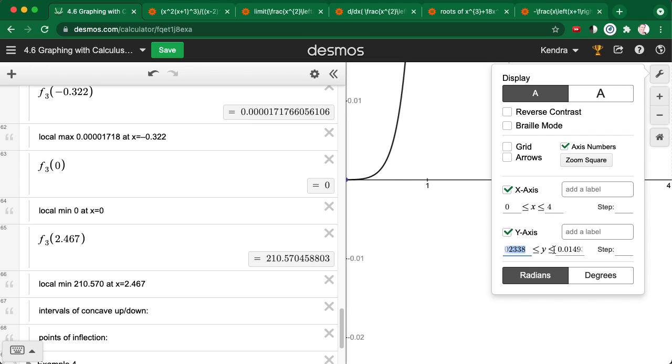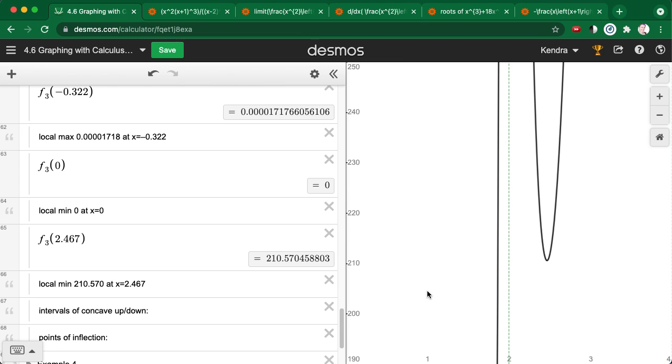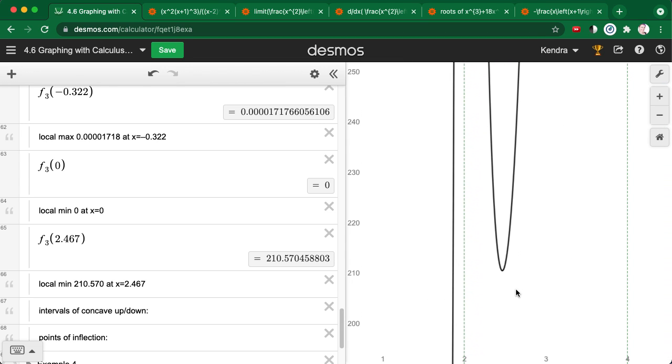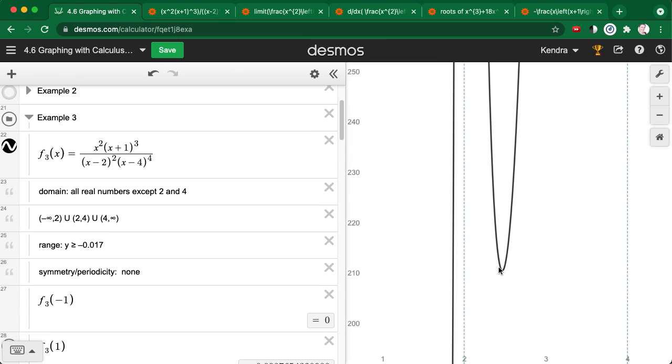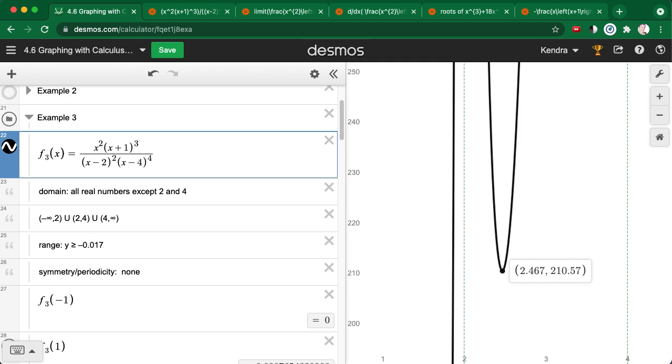Let's say y goes from 190 to 250. And so we can see that local minimum value there, right? At x equals around 2.467, we have a local minimum of 210.57. Okay, so that was a lot right there.